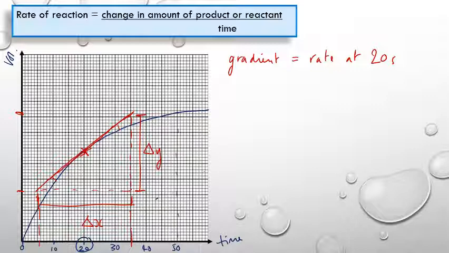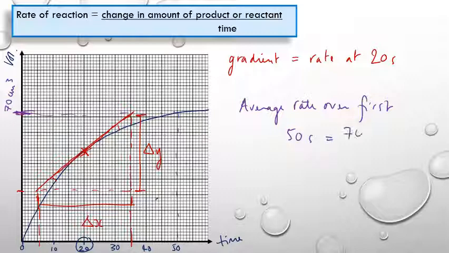At 50 seconds, I read off the volume from the graph. Let's say that's 70 centimeters cubed. And the time that's passed is 50. So the average rate over the first 50 seconds is change in amount, which is 70, divided by time, 50. That gives me a value and the unit, centimeters cubed per second.